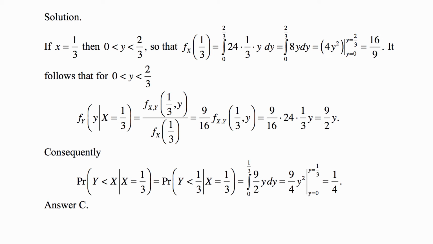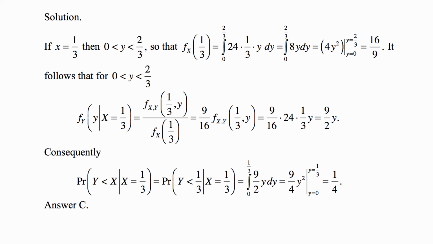Well, then it follows that for y between 0 and 2/3, the conditional density of y, given that x is 1/3, is the joint density evaluated for x equal to 1/3 and for y, divided by the marginal density of x at 1/3. And of course, dividing by 16/9 is the same as multiplying by 9/16.